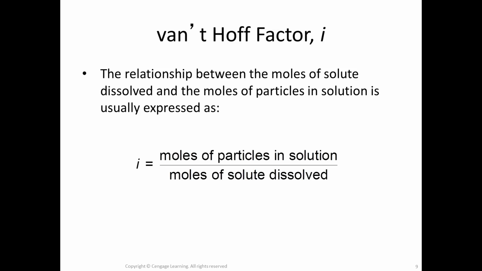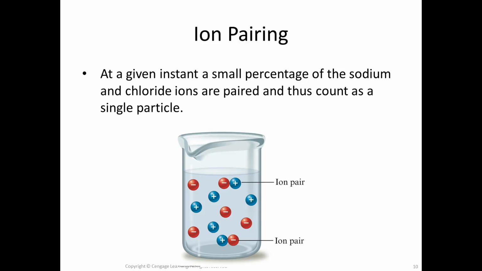These calculated values are based on an assumption of complete dissociation, which is not always true. Because of ion pairing, especially in very concentrated solutions, an observed i value may be less than a calculated i value.